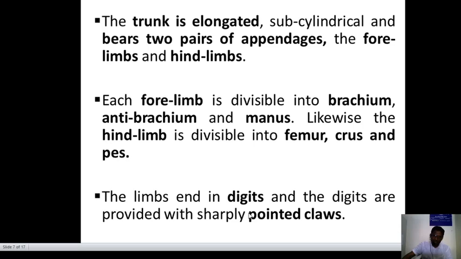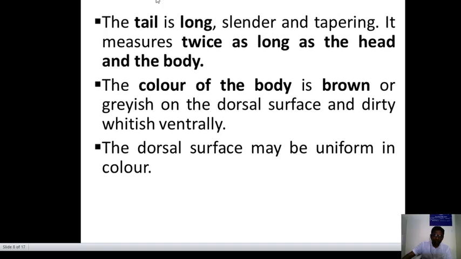The limbs end in digits and the digits are provided with sharply pointed claws. The tail is long, slender and tapering. It measures twice as long as the head and the body.